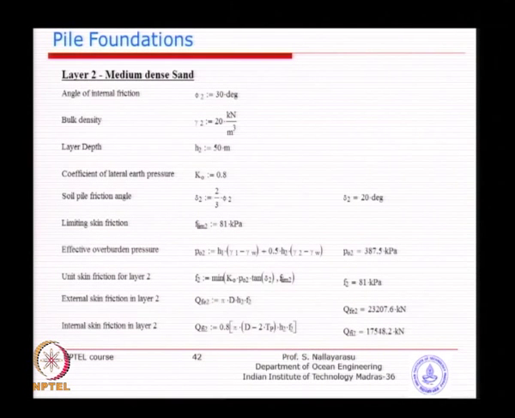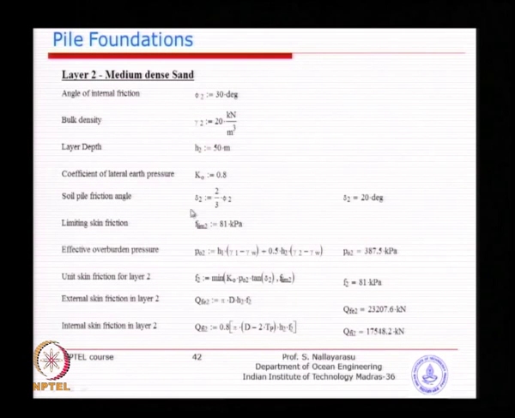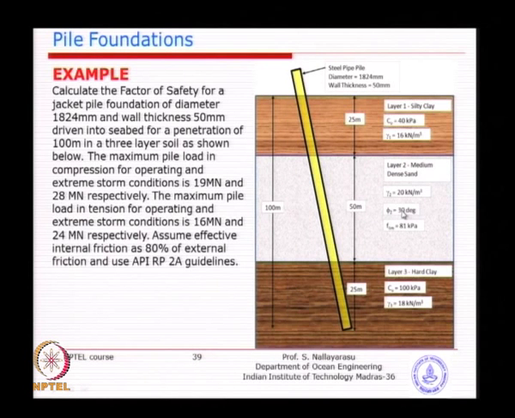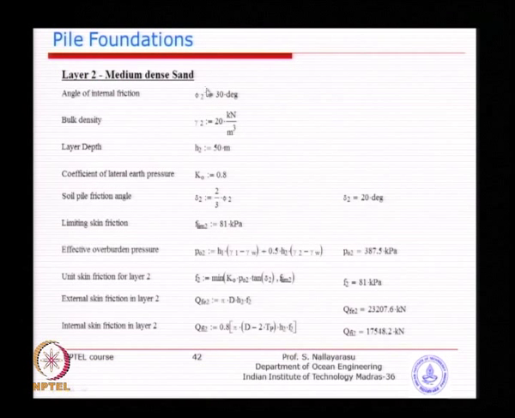Remaining is all just putting together numbers. In this particular problem, we have used direct calculation of beta based on the phi value, because that is given to you. You have not been given beta directly. If you use a new API code, you will be given beta directly, but in this particular case phi is given.